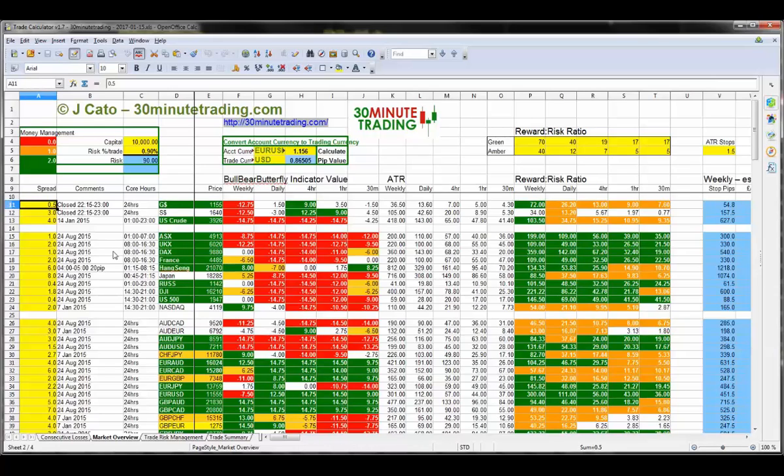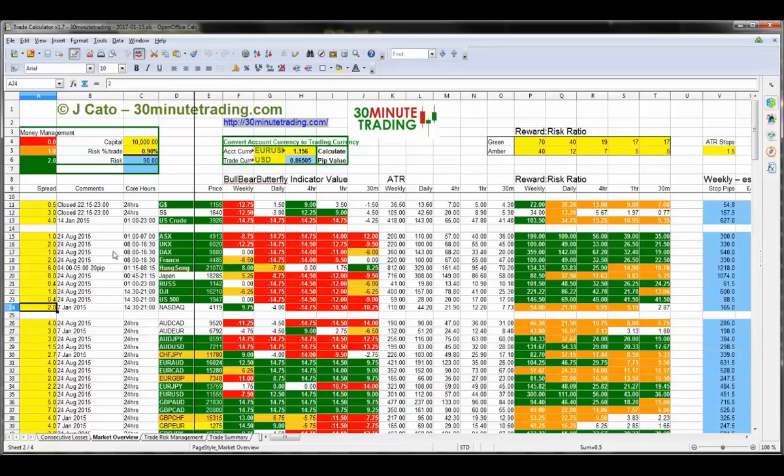So if you're doing $1 for each unit per pip, that would be 1 mini, then you're actually risking half a dollar just to get in on the trade. It's paying 50 cents for the trade, or 50p if you're in the UK, or 50 cents in euros, of course.